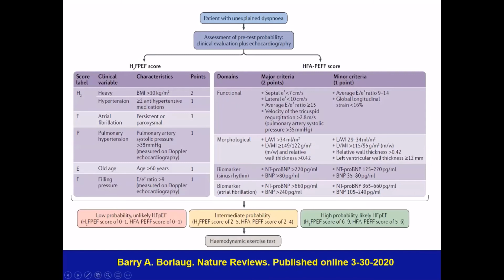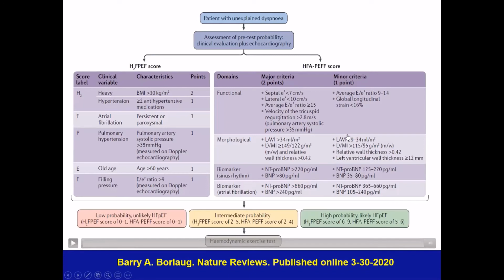So for patients with low probability, you do nothing. That technically rules out heart failure with preserved EF. For people with high probability, it diagnoses heart failure with preserved EF, and you may choose not to do anything, but just treat them for HFPEF. But those people who fall in the intermediate probability, like our patient, go on to have a hemodynamic exercise test.